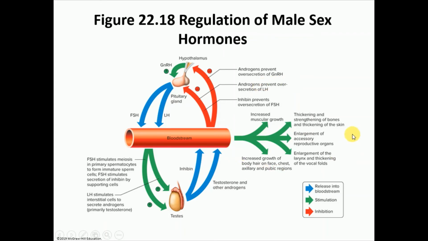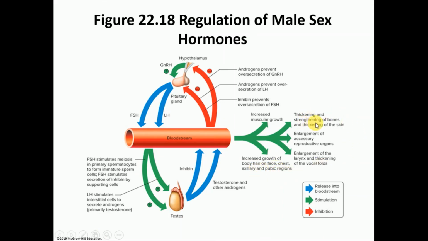Now, for the function of androgens, and notice that androgens is plural. There are a lot of different androgens, or lots of different male sex hormones. The most important is testosterone, and those are going to produce the following effects. They increase muscular growth, and increase hair growth on the face, chest, axillary, and pubic areas.